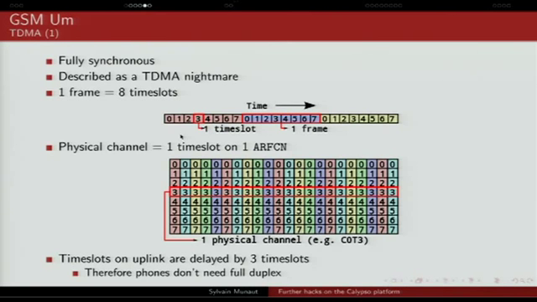And the thing that would be useful for later is to know that the time slots on the uplink and downlink band don't happen at the same time. So the time slot 0 for the uplink band actually happens 3 time slots later. And it has been done that way because a phone will only be on one channel at a time, okay?